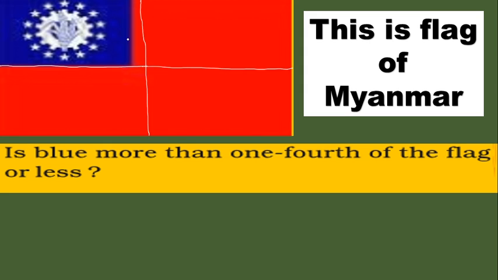In the first topic, first part, we will see what 1/4 is. If a figure, look here, suppose this is a figure, it is divided into 4 equal parts, and if I take one part out of the 4 equal parts, that one part is called the 1/4 part or quarter. So clearly this flag is divided into 4 equal parts, and one part is called the 1/4 part.